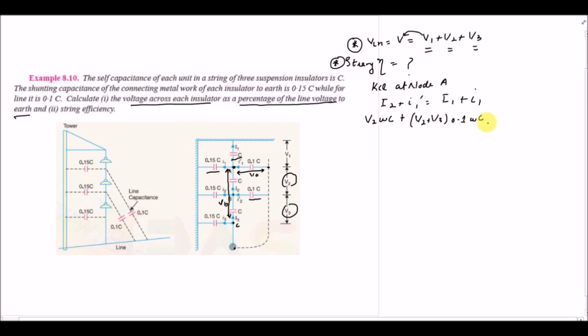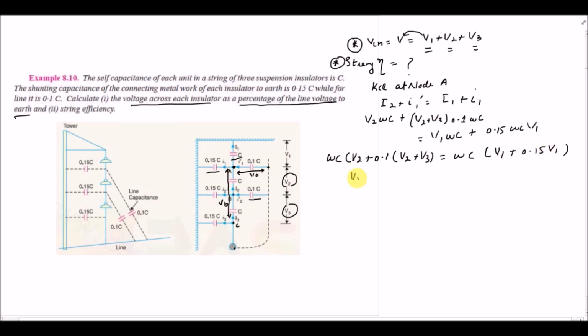C. Now the other side of equality, that will be I1. So I1, the voltage is V1, so it is V1 omega C plus, for the shunt capacitance the voltage is again V1, so it is 0.15 omega C V1. Now after solving, it will become omega C into V2 plus 0.1 into V2 plus V3 is equal to omega C V1 plus 0.15 V1.